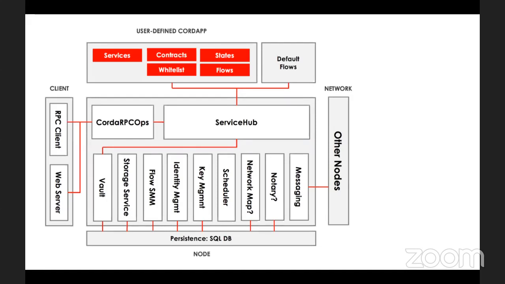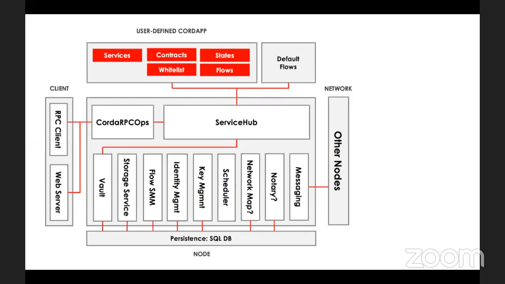They all talk to the node through the Service Hub, and every RPC call from clients comes through the RPC client. The Service Hub is connecting to the vault, storage service, flow state machine, identity management, key management, scheduler, network map, the notary and the messaging, right?